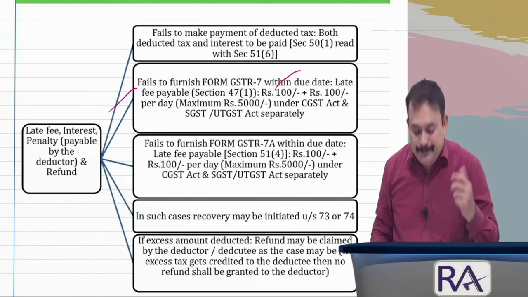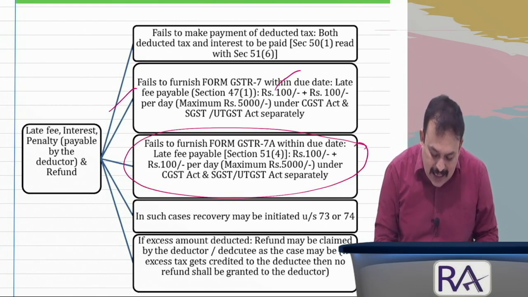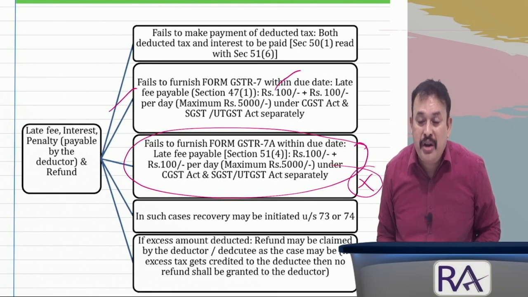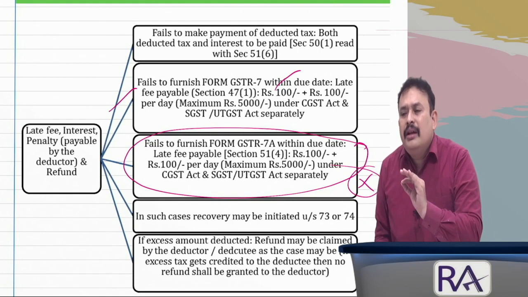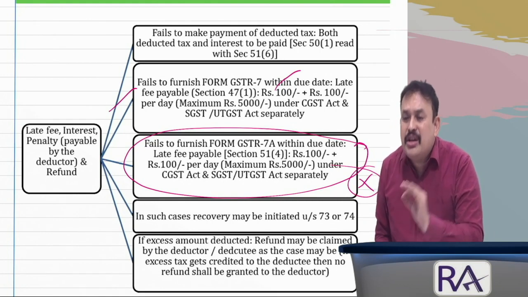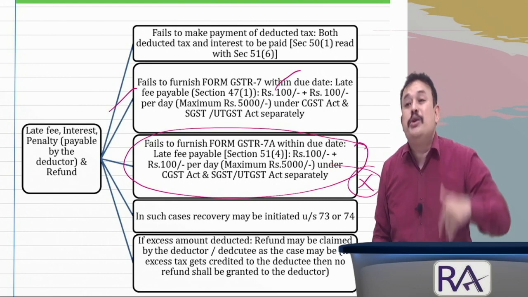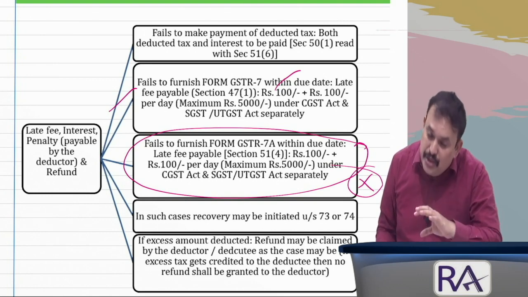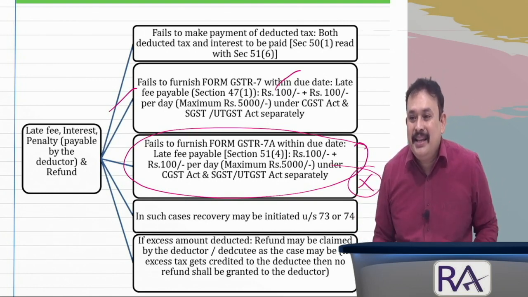But the penalty for the certificate does not arise because of the amendment in the Finance Act 2020, which clearly says that issuance of a certificate of TDS by the deductor to the deductee is no longer warranted. Therefore, for non-issuance of such a certificate, penalty also does not arise. Is it clear, my dear sir?